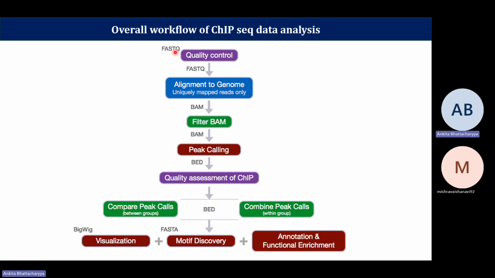Then you have to filter the BAM files, do peak calling, assess the quality of your ChIP experiment, and then compare the difference between the binding or the enrichment of a certain protein between your control group and your experimental group. And then you use that for annotation, for functional enrichment, for motif discovery, visualization, etc.